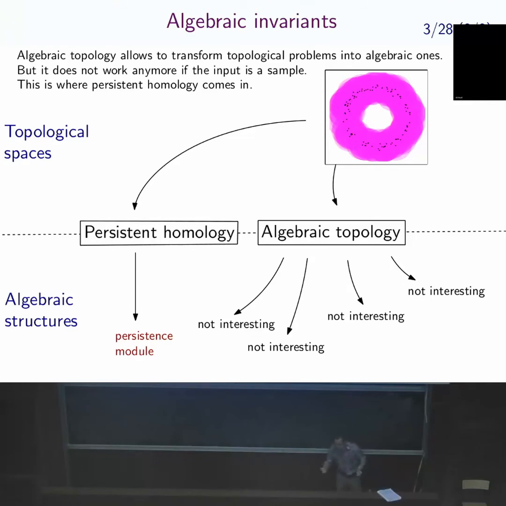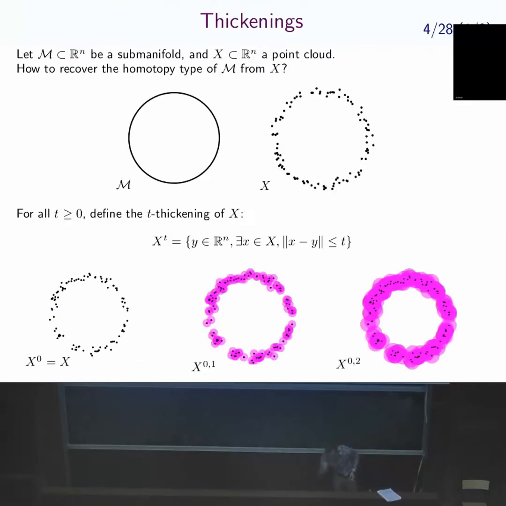So let me motivate this construction. One of the most basic questions in topological inference is the following. Say there is a submanifold, a circle here, M, and X, a point cloud that we suppose close to M. The question is, can I infer the homotopy type of M from the observation X?